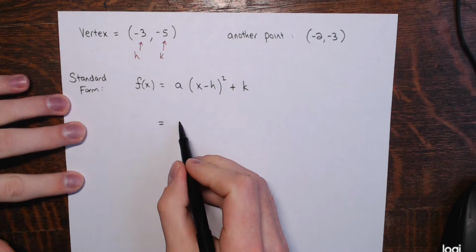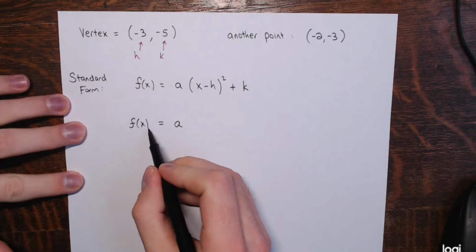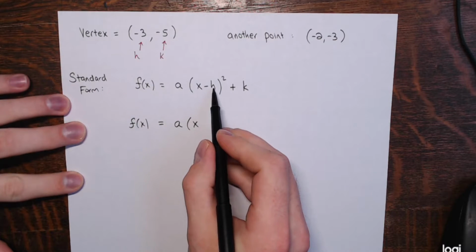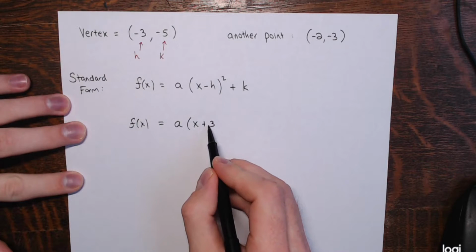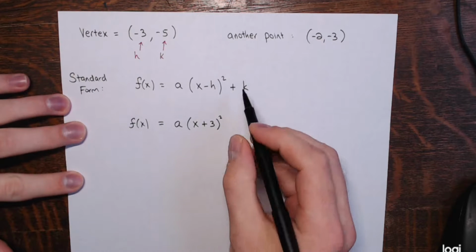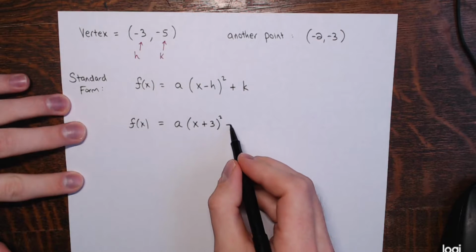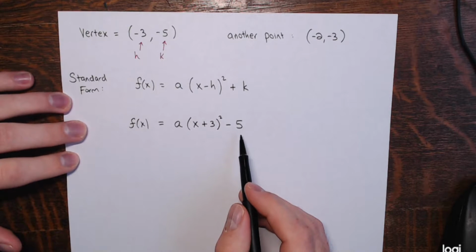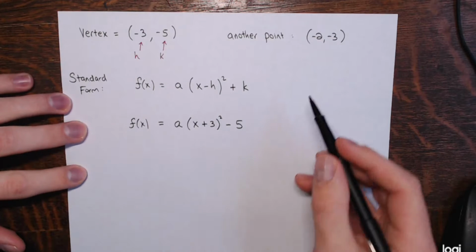So now we have f of x equals a times x. Now, when I go minus -3, that'd be +3. Right? Hope you understand that. Minus -3 will be +3, and then you got squared. And then plus k, plus -5, is just -5. Alright, so now the equation looks like this, after I put in the coordinates of the vertex, h and k.